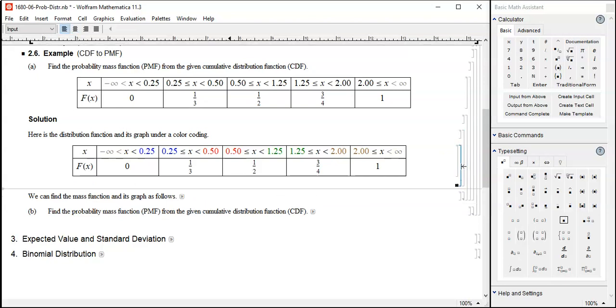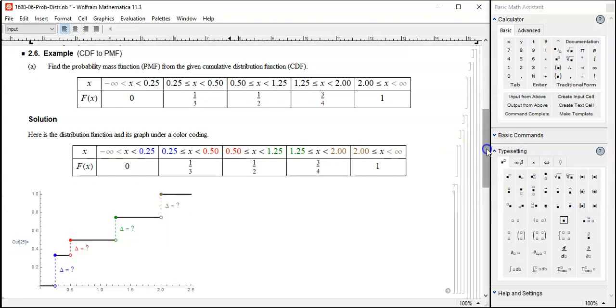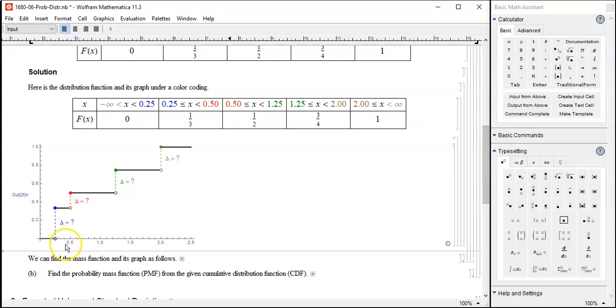By the way, let me show you the graphs. The step function: less than 0.25, we have 0, and then 1/3, 1/2, 3/4, and 1, and we are looking for this step size, the jump.